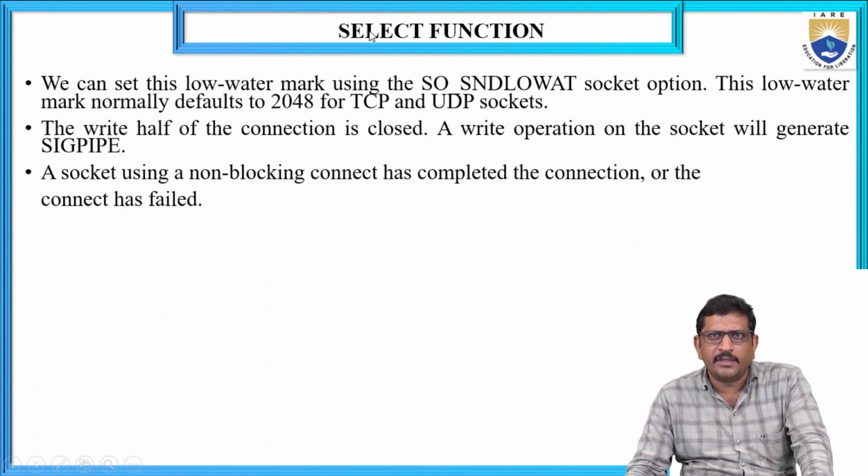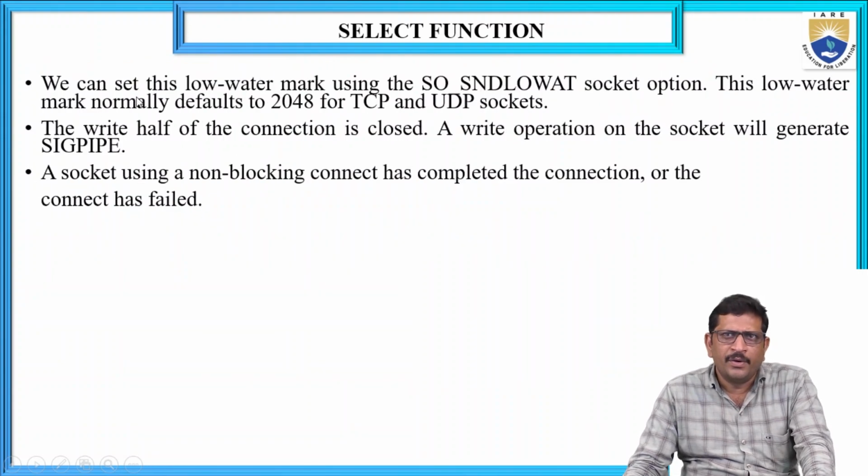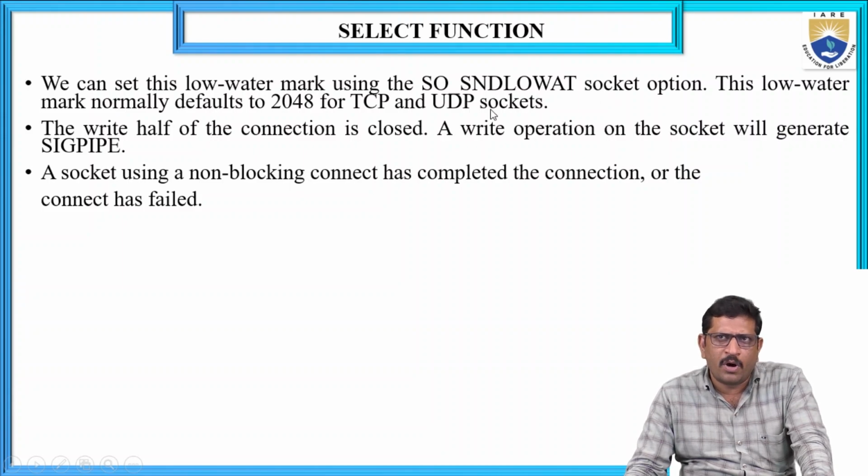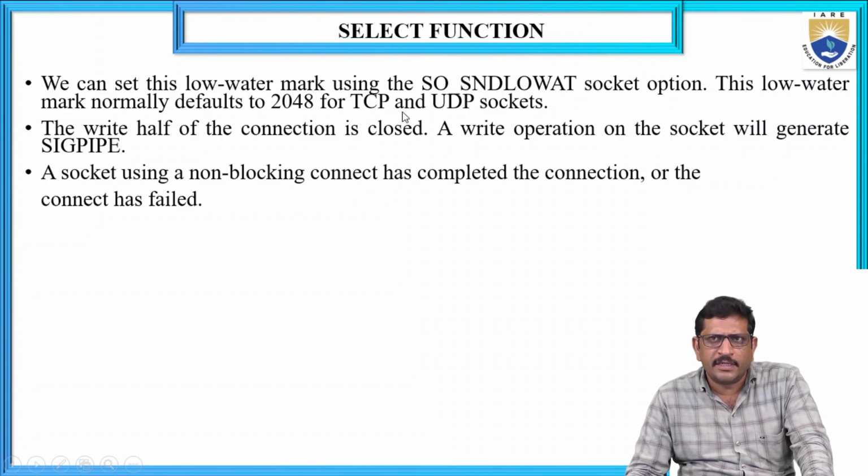The next condition: we can set this low-water mark using the SO_SNDLOWAT socket option. This low-water mark normally defaults to 2048 for TCP, Transmission Control Protocol, or UDP sockets, and for other protocols. Next, the write half of the connection is closed.